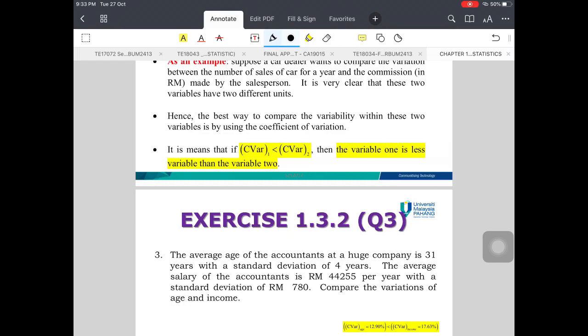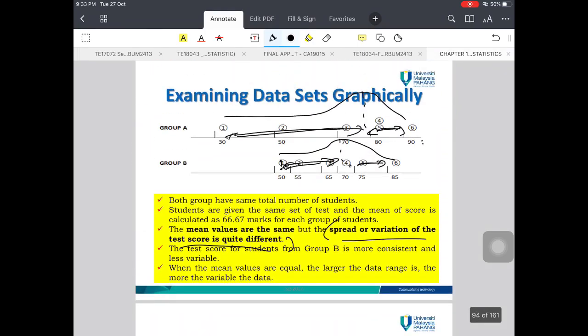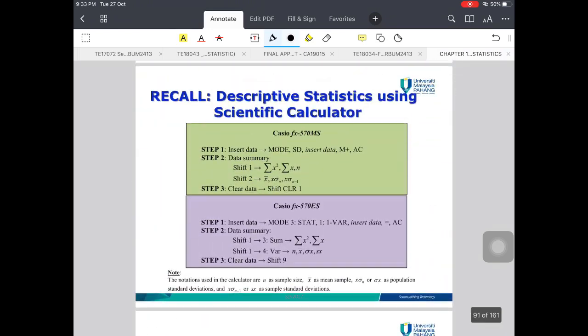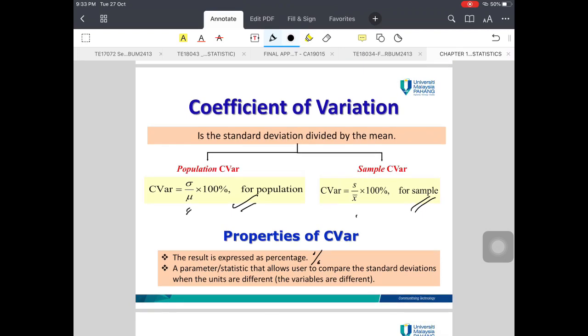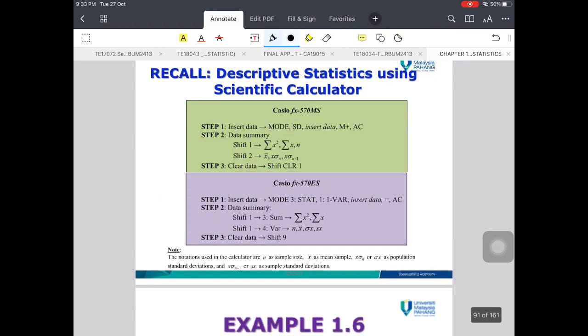So this is what I covered from the previous slide. The coefficient of variation is the standard deviation divided by the mean. This is the formula for population variation and the formula for sample variation. Get your standard deviation value, get your mean, and then convert into percentage.